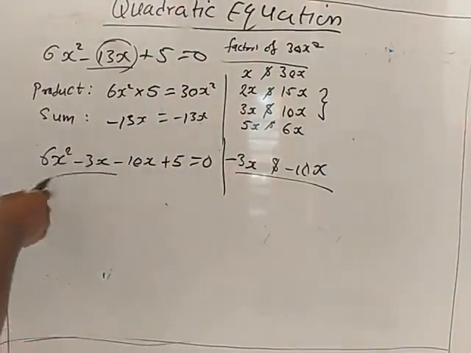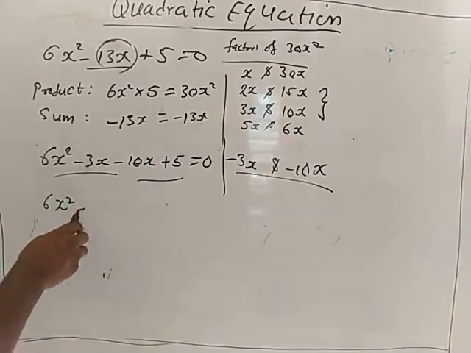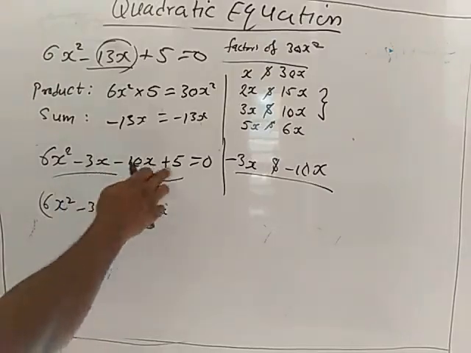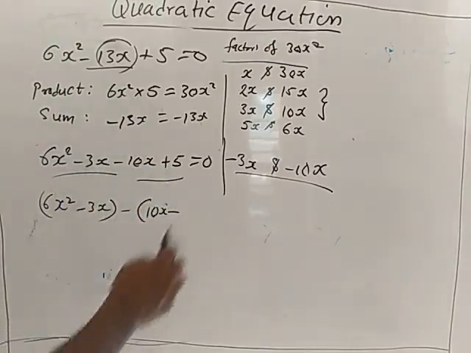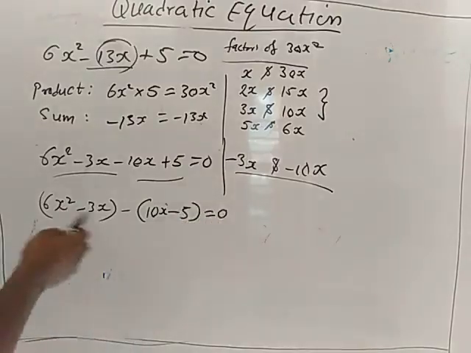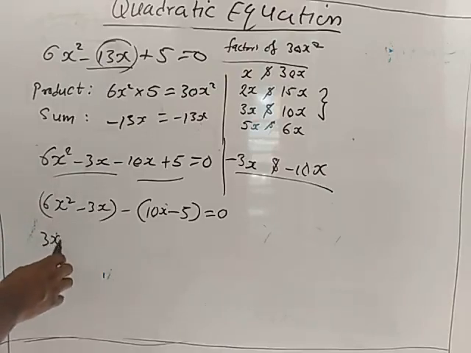Now, we group them 2 by 2 so that we have 6x squared minus 3x in one bracket, minus 10x minus times plus minus 5 equal to 0. Now, what is common to this in the bracket? Now, we can see that 3x is common to them, so that we have 3x.